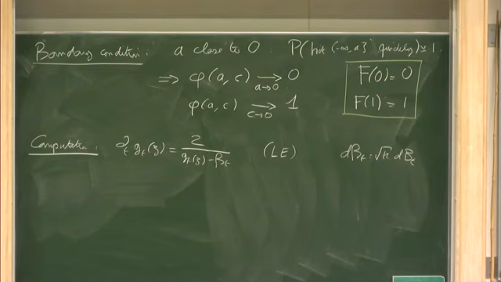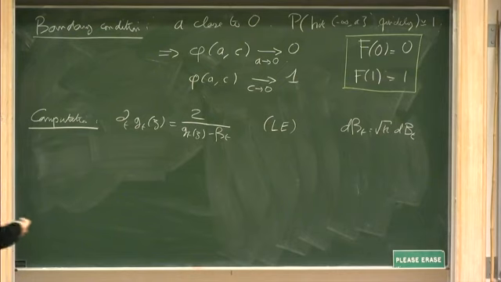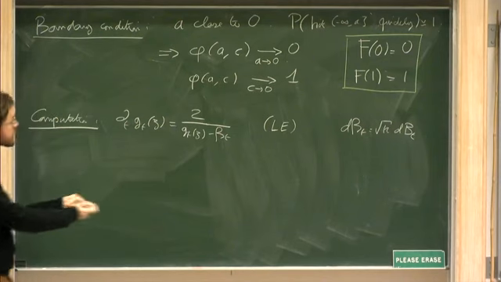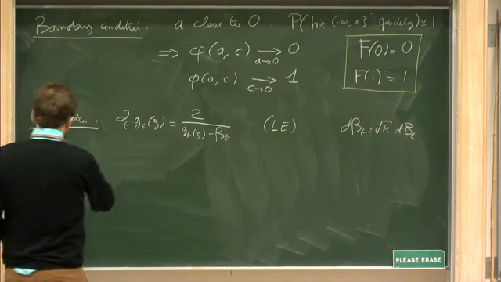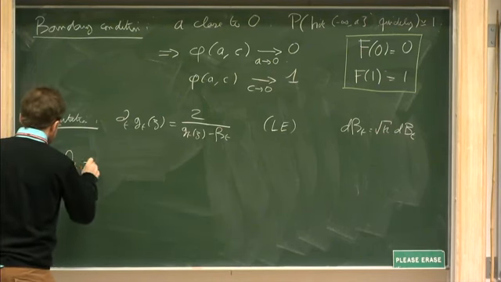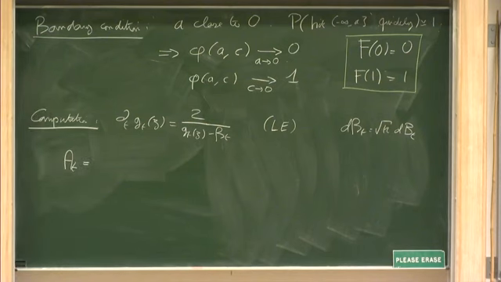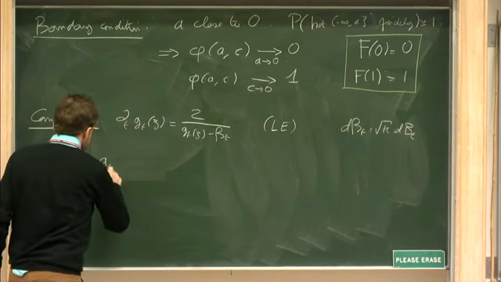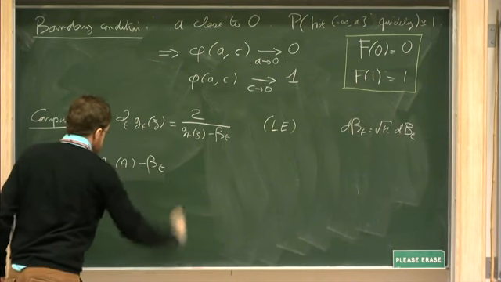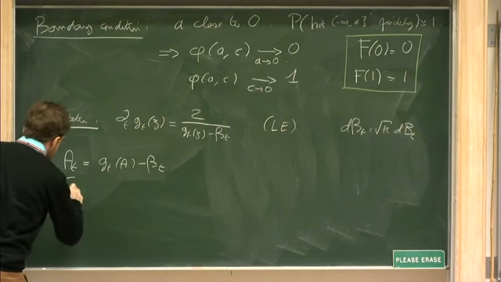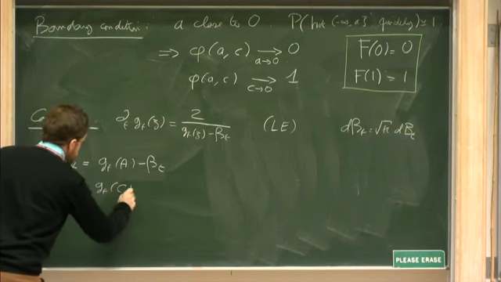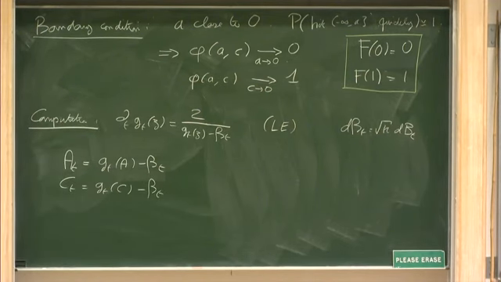Okay, last thing, we want to set the computation in some manageable way. And what we saw was that the difference between the image of a fixed point and the driving process is a nice way to set the computation because it's essentially a Bessel process. So let's define A_t to be g_t(A) minus beta_t, and C_t to be g_t(C) minus beta_t.